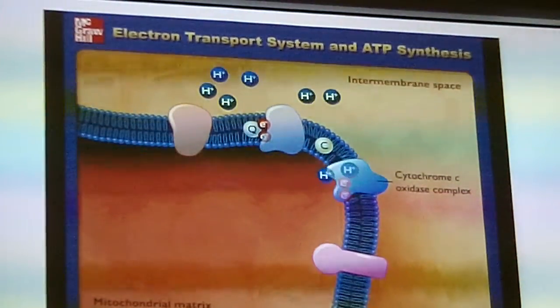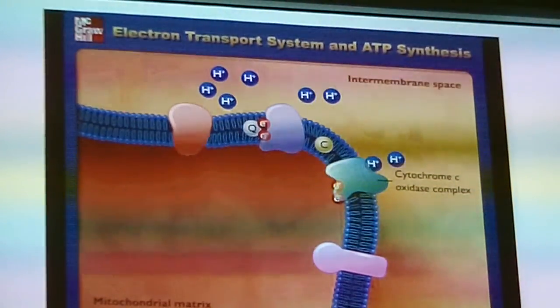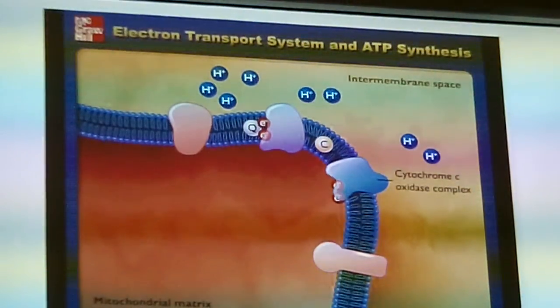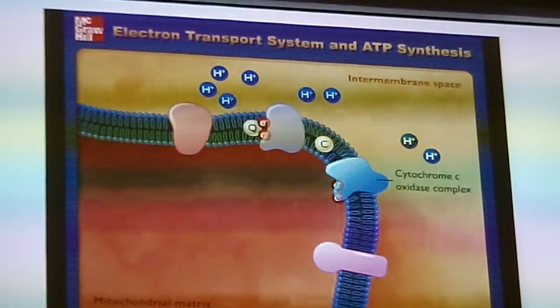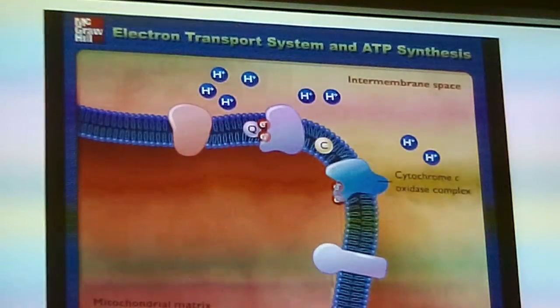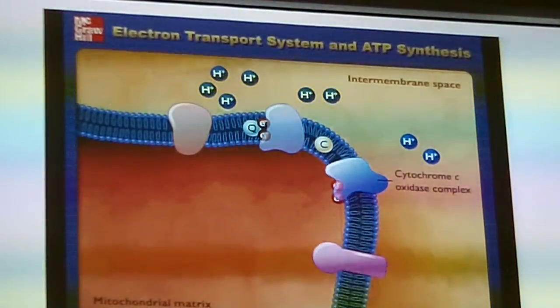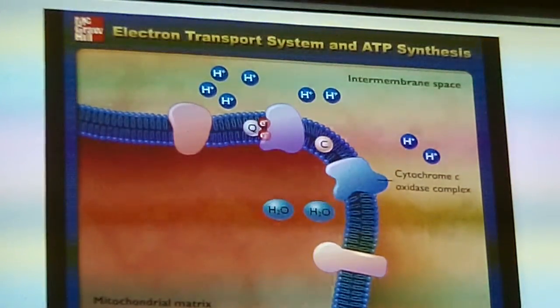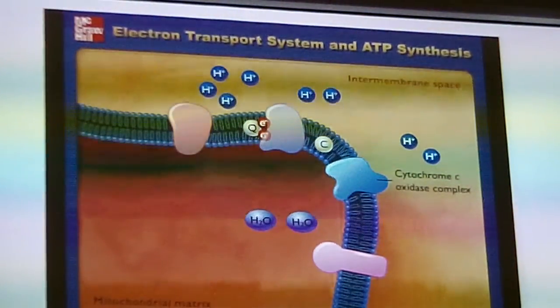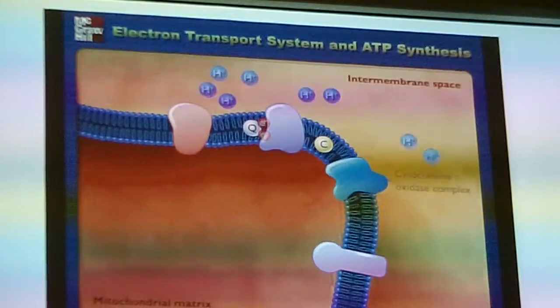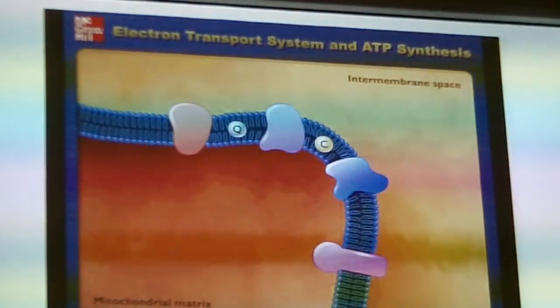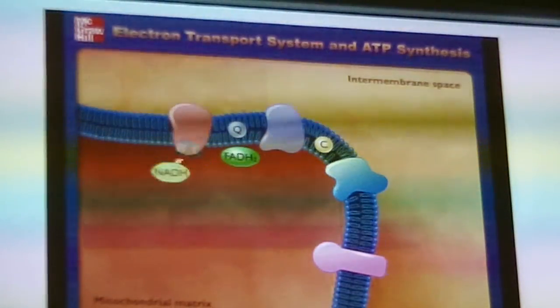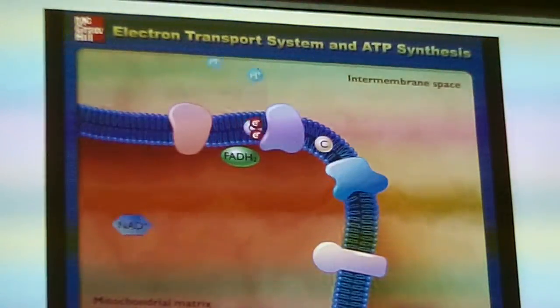Protons are also transferred to the outside of the membrane by the cytochrome C oxidase complex. The cytochrome oxidase complex then transfers electrons from cytochrome C to oxygen, the terminal electron acceptor, and water is formed as the product. The transfer of protons generates a proton motive force across the membrane of the mitochondrion.